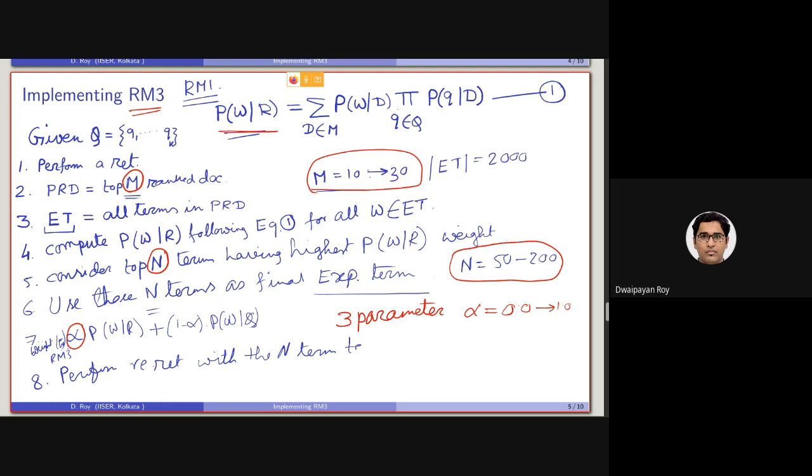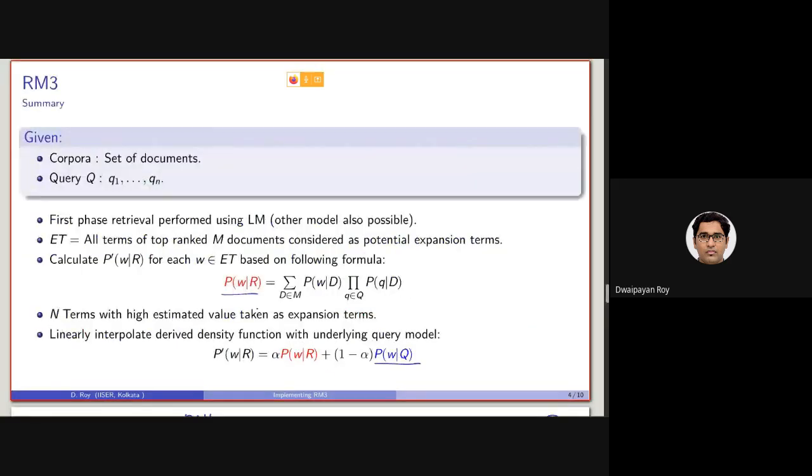Consider together. So as we have discussed earlier, term weighting is important to indicate the importance of the individual terms. So here the weight of the term is being set following this formula.